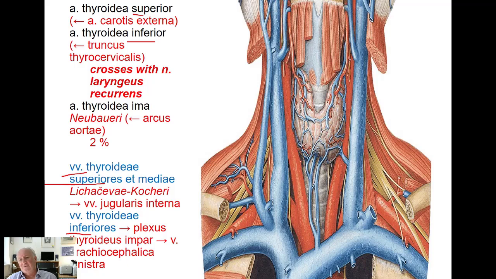It's a very important endocrine gland, so the system of vessels has to be very rich and very perfect to get thyroxine and triiodothyronine, these two hormones, to the whole body.